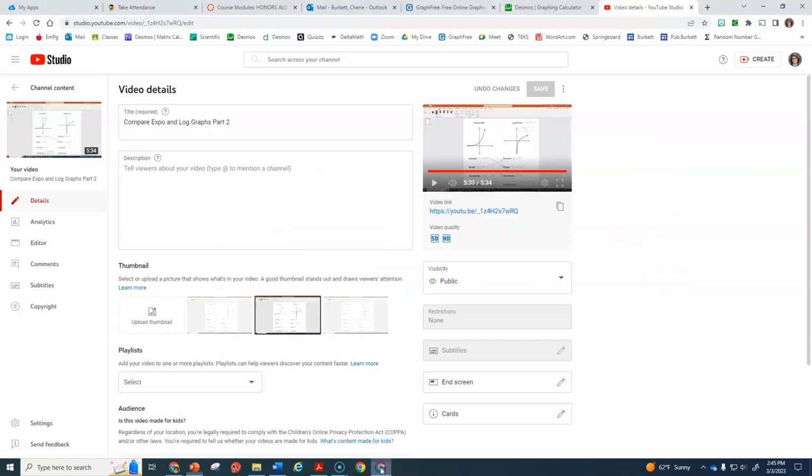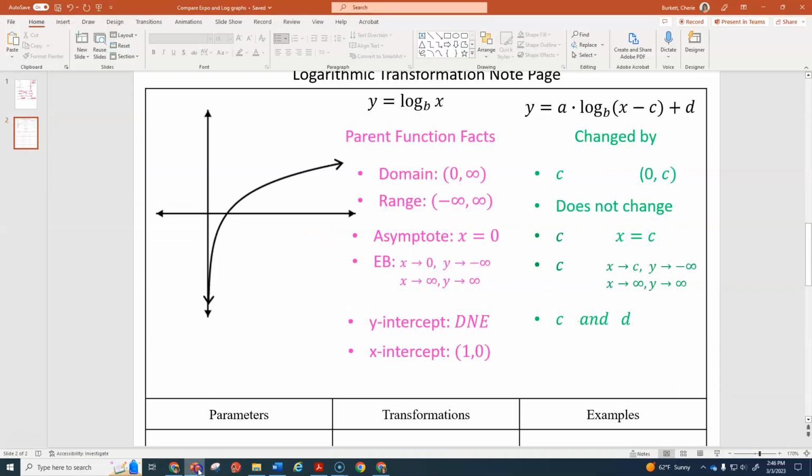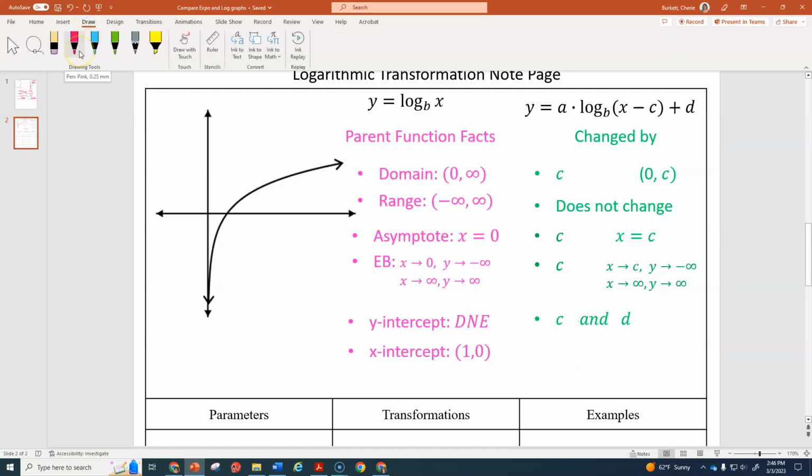So I'm going to jump over here real quick and look at, now remember we talked about we have 3 parent functions. Let's go back and write that down real quick. We have 3 parent functions. Just like with exponentials, we have base 2, base 10, and base e. So the same is true for logs.